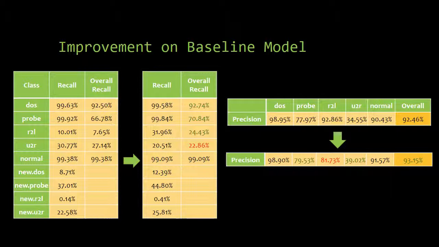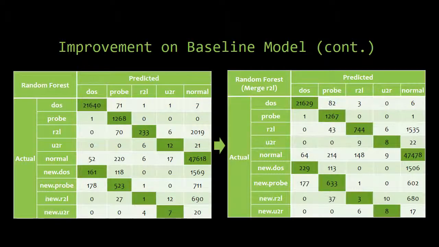And for the precision rate, probe, U2R, and the normal overall rate all increased. Only DOS decreased a little bit, and R2L decreased a little. And here is a comparison of the count of each class for the 2 models. We can still see obvious improvement of the new model.